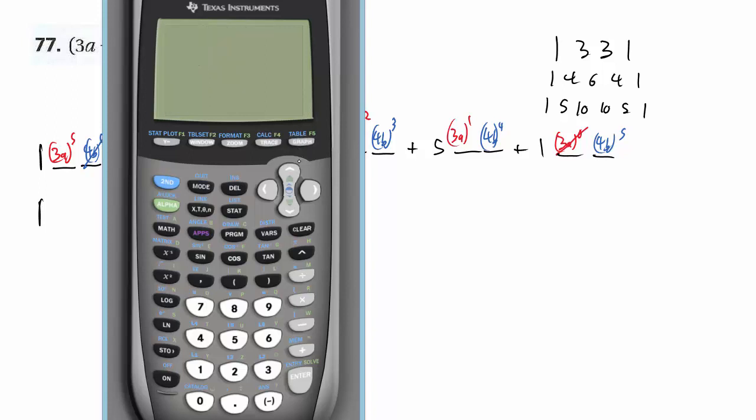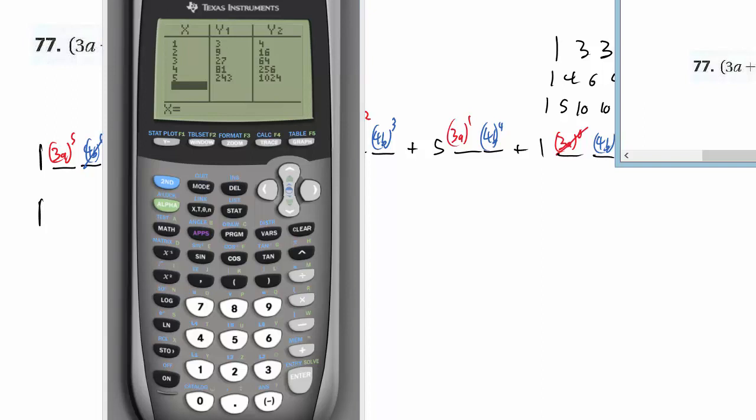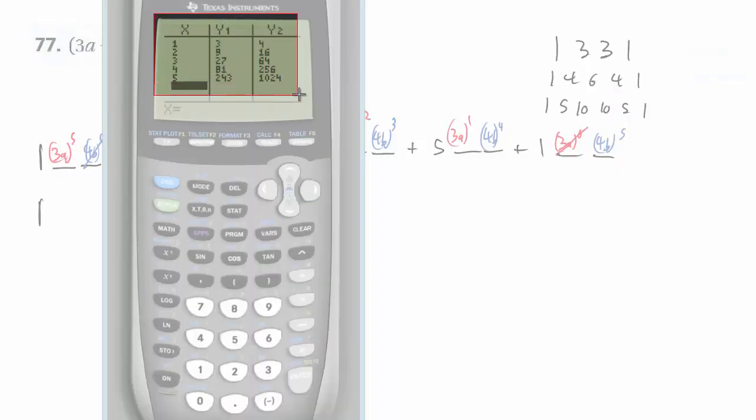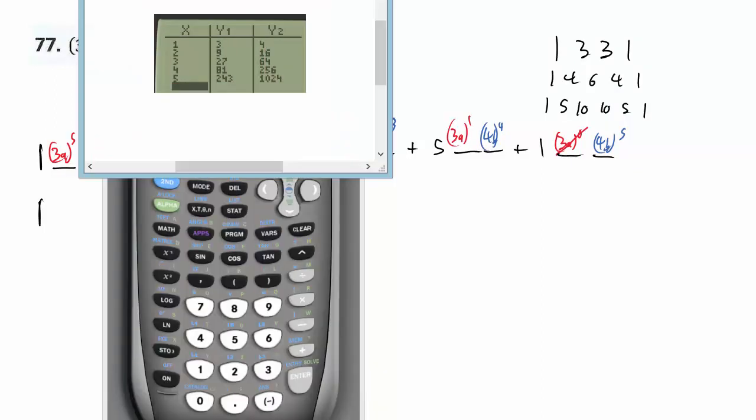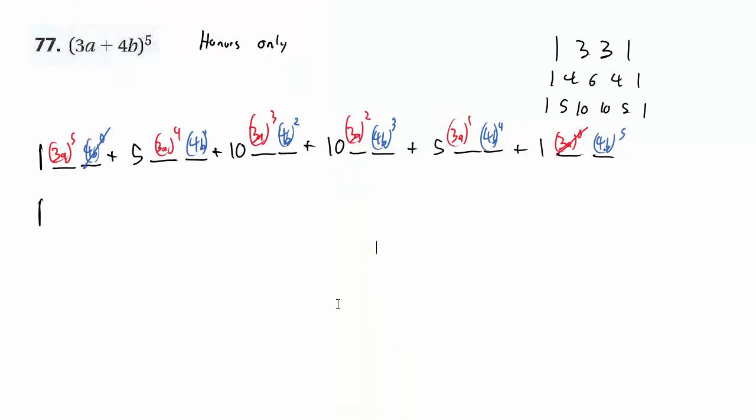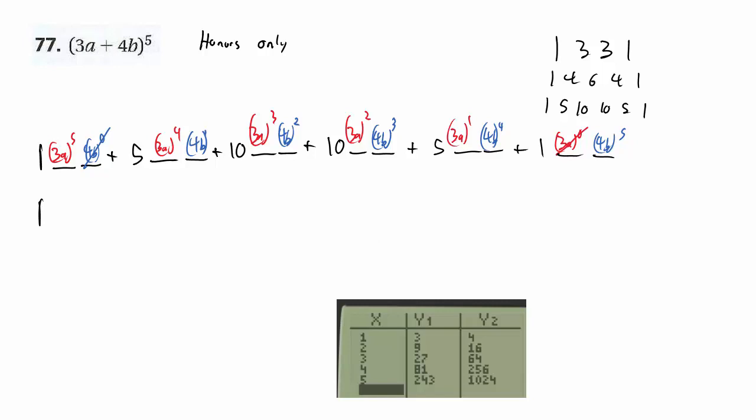I'm going to go into my table, and I want to raise those things to the first, second, third, fourth, and fifth powers. So those are the numbers that will be relevant. Again, I could have put them in my home screen. I decided to use my calculator table to have an organized way of seeing all the powers in one place, so that I can just plug them in. So this one represents powers of 3, this one represents powers of 4.